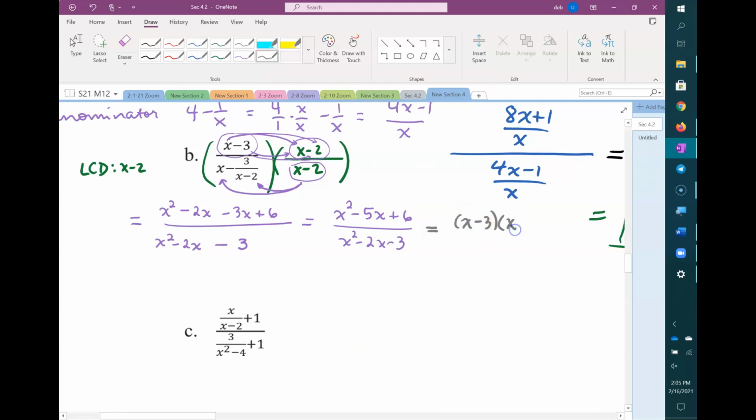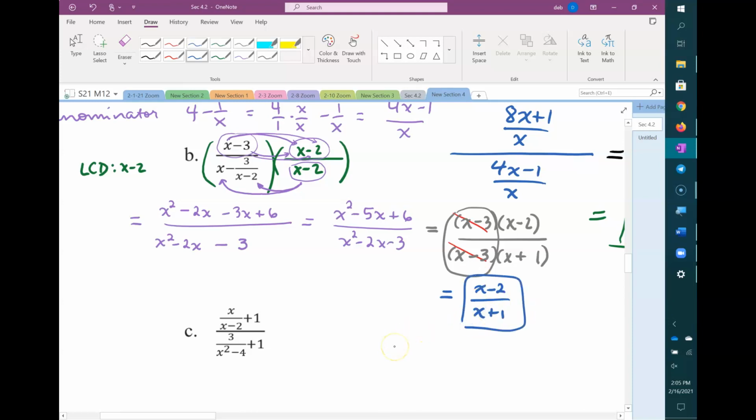Well, I made the numerator by FOILing x minus 3, x minus 2, so I know how that factors. And then my denominator has to be x minus 3 and x plus 1. Well, now I have matching factors, so that is equal to 1, and they cancel, and I'll have x minus 2 over x plus 1.